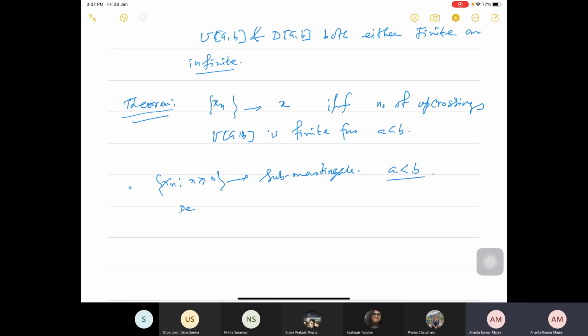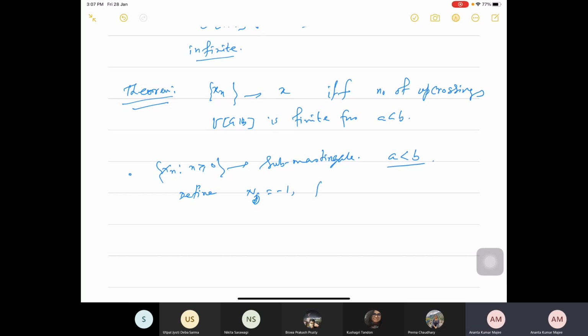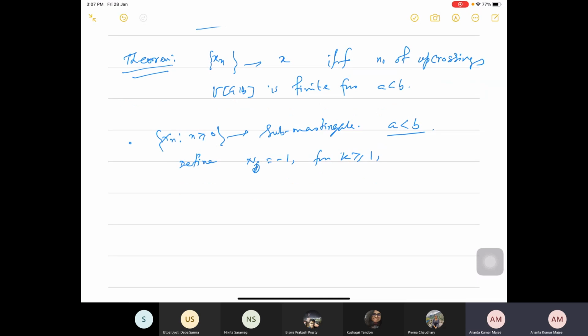So I define N_0 equal to -1, and for k greater than or equal to 1, I am considering N_{2k-1}, the infimum over m greater than N_{2k-2} such that x_m is less than or equal to a.